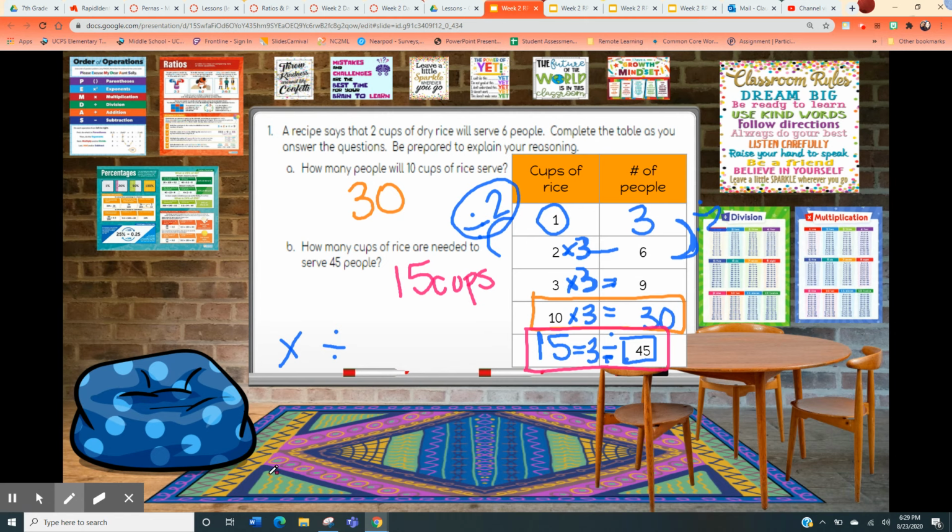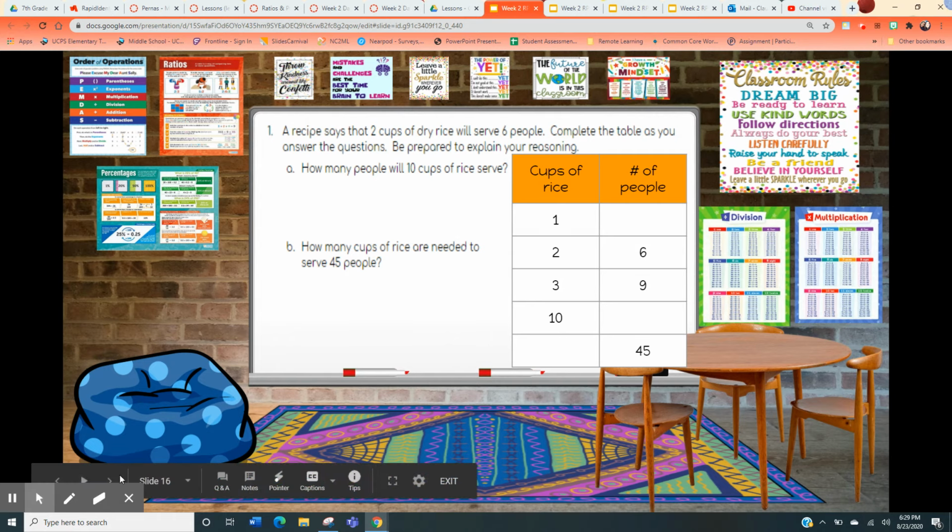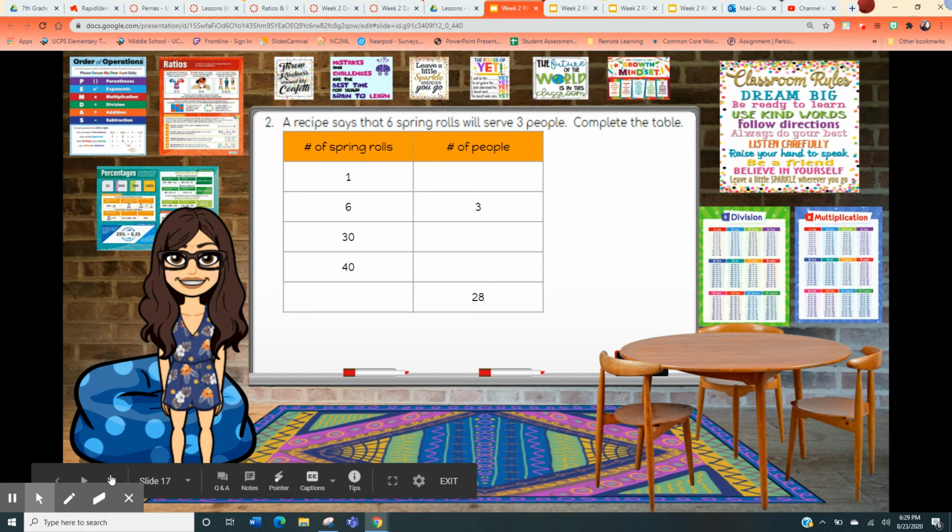So let's go ahead and erase this and look at our next slide. It says a recipe says that 6 spring rolls will serve 3 people. So we're going to do the same thing we did in the other table to fill out this table.